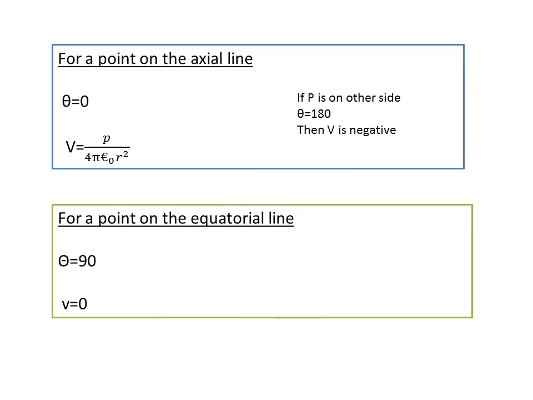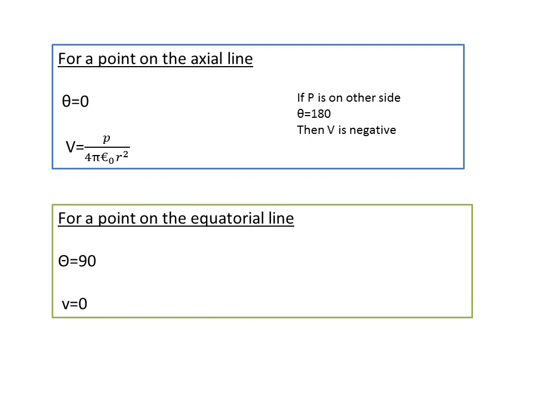For a point on the axial line, if we consider point P to be at a point on the axial line, we can take theta is equal to 0, then V is equal to p by 4 pi epsilon 0 into r square. For a point on the equatorial line, theta is equal to 90.